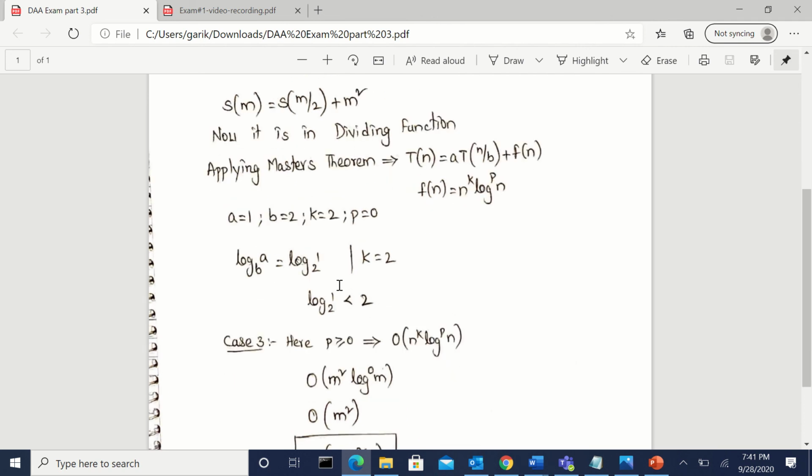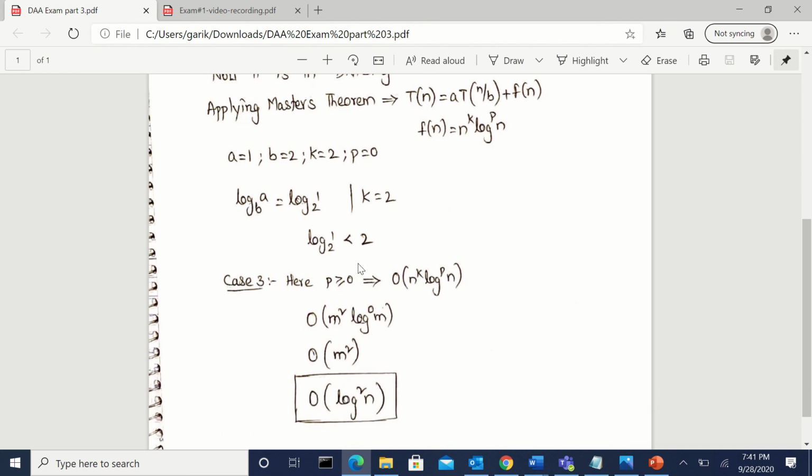By calculating log a base b, we can clearly see that log a base b is less than the value of k. Then this is case 3 in Master's theorem for dividing functions, and the p value is 0. So it is order of n power k log power p of n.